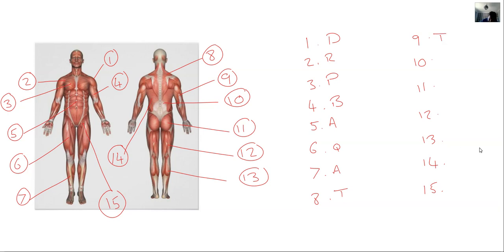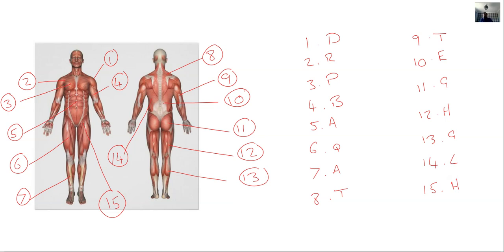About 1:15 so far. Just 15 seconds just to finish it off.